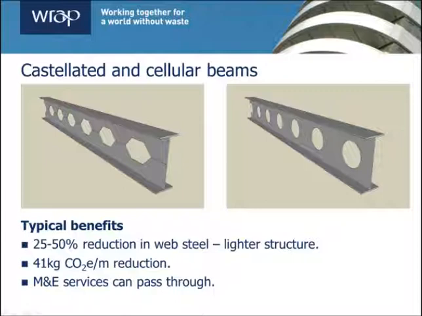Cellular beams are formed by using precision cutting techniques to produce circular or oval openings. These beams are particularly suited to long span applications with light to moderate loadings such as roof structures. In addition to cost and carbon savings, there is a corresponding reduction in transportation costs and a further reduction in mechanical and electrical materials where services can pass straight through the beams.